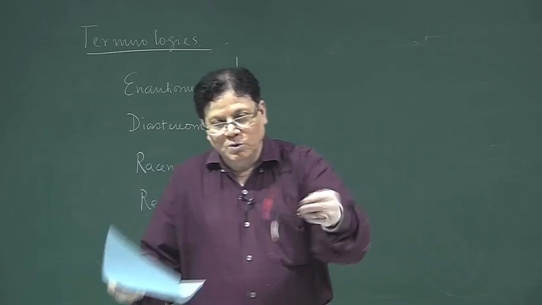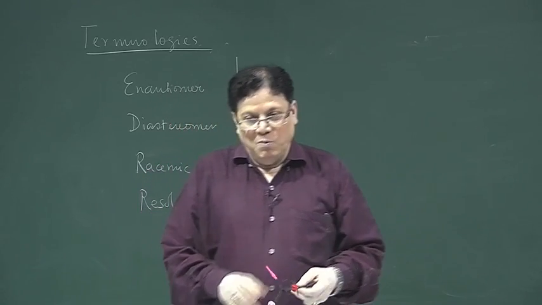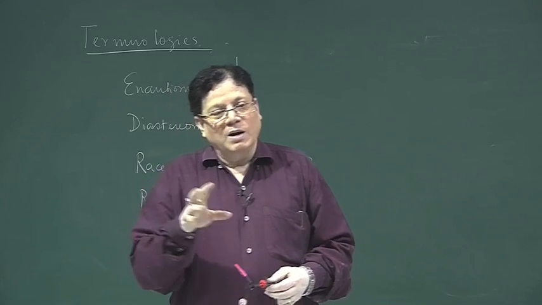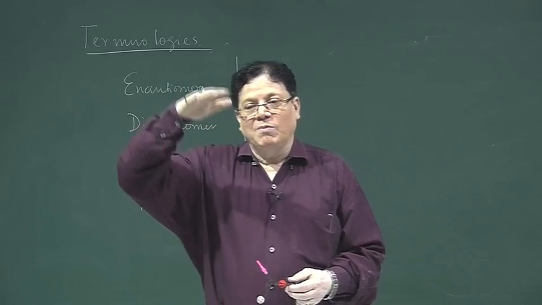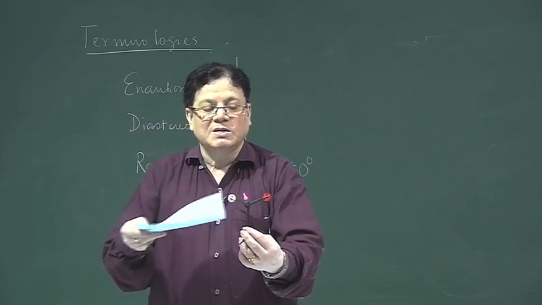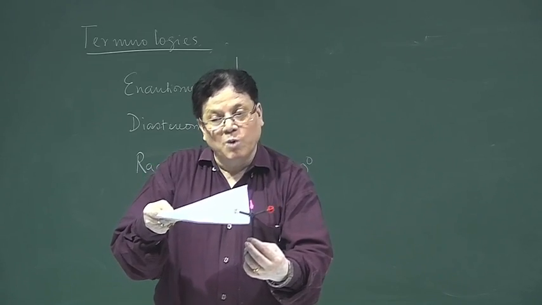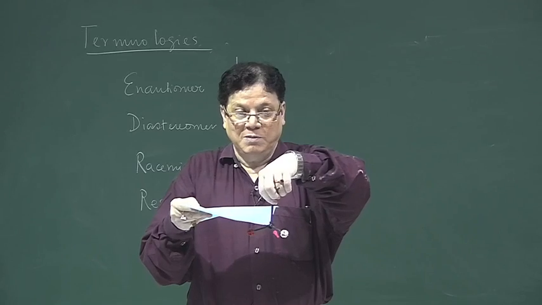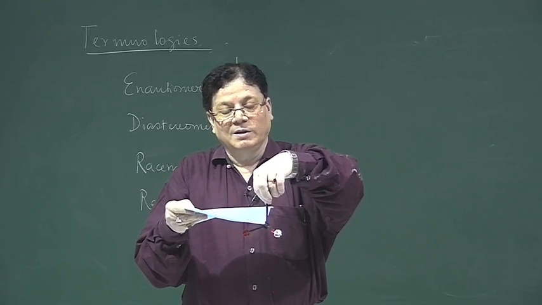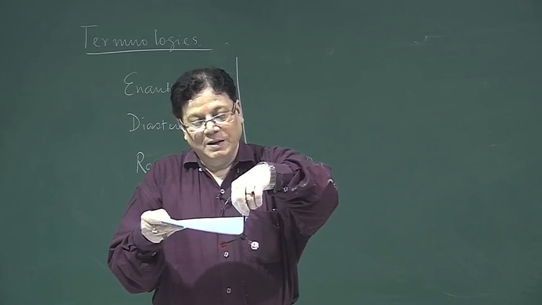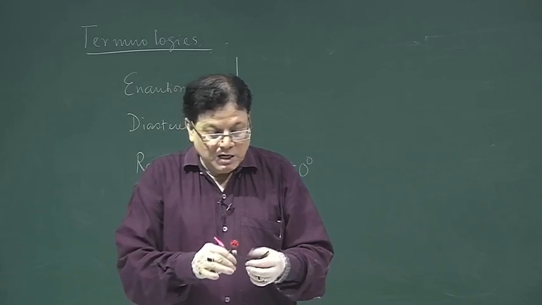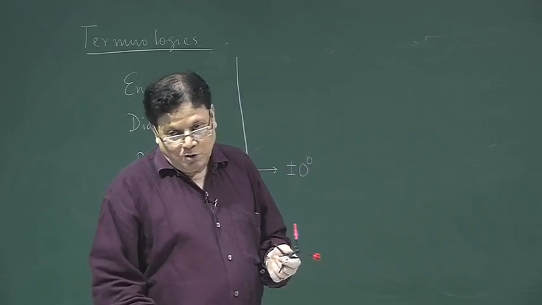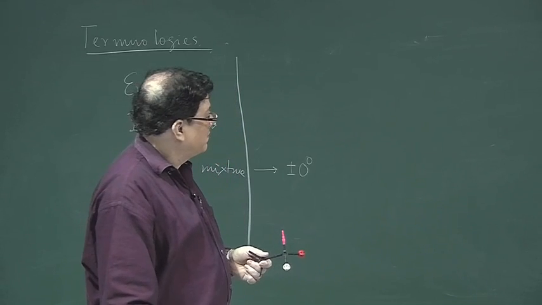First of all, you cannot place more than 2 bonds in a plane, and second, 3 bonds can be above the plane in which the carbon is residing, and then the fourth bond will be below that plane. Vice versa, if the 3 bonds are below the plane, then the other bond will be above the plane. Okay. Now, the question is how to draw this 3-dimensional structure on the blackboard, which is a 2-dimensional plane. Okay.